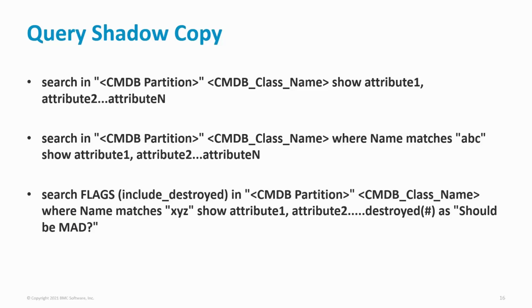The first format shown here is a simple one, where we are searching for all CI in a class. In the second format, we are defining a where clause to limit the query result to one CI named ABC. In the third format, we are using a search flag to include destroyed CI named XYZ.